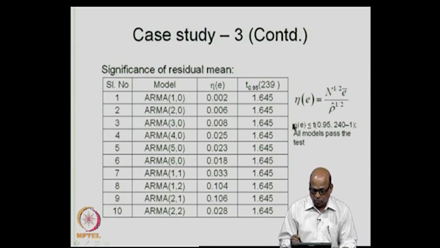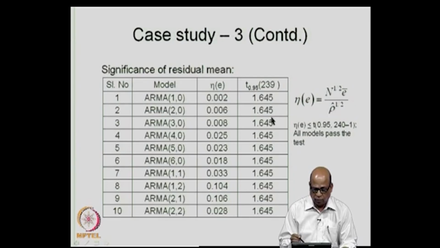If the eta value that is so obtained is less than, let us say you are fixing the 95% confidence limit, t_{0.95, 240-1}, this 240 is the n that we are considering, so n minus 1. This can be either 0.95 or 0.99, typically we consider the 95% confidence level. As you can see, this value remains constant because it only depends on the confidence limit and the n value, both of which are constant.